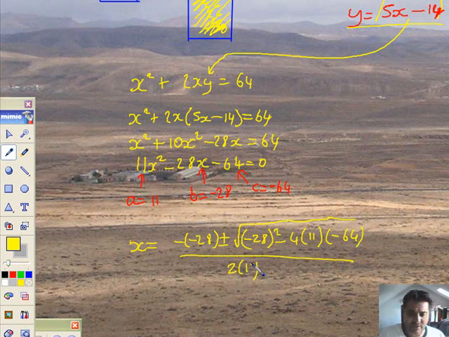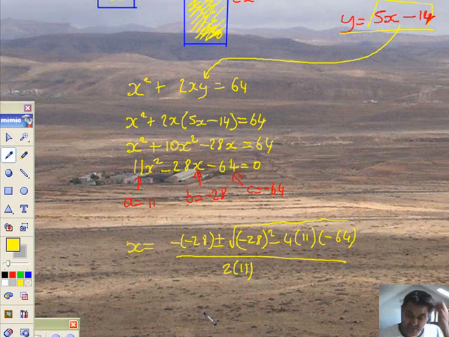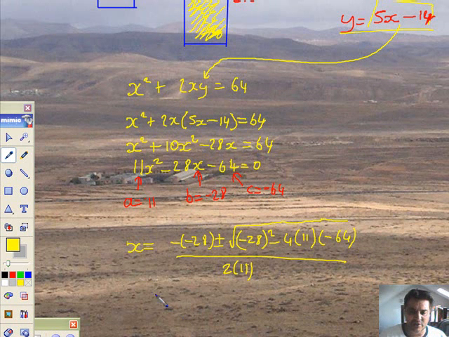I might have to use another page on this. Let's try and get one solution anyway. Or maybe just tidy this up a little bit and then go over to the other page and finish it off. So, first thing, minus 28 is actually plus 28. And then plus or minus the square root of. Now I'm going to do this in two steps. Let's just do 28 squared first.